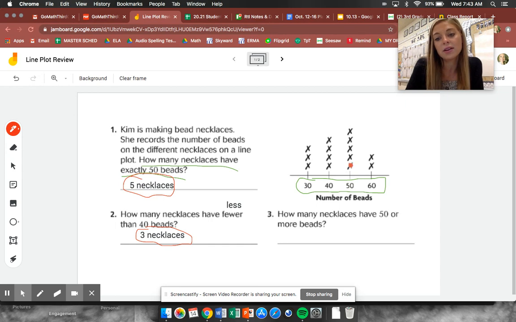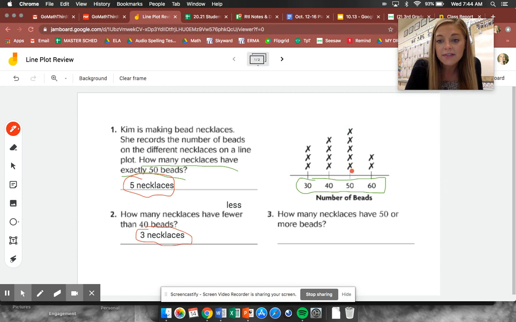So 1, 2, 3, 4, 5. And then I also have to do the or more, right? More than 50. So the only number on this line plot that's more than 50 is 60. So I'm adding together the number of necklaces that have 50 beads and the number of necklaces that have 60 beads.